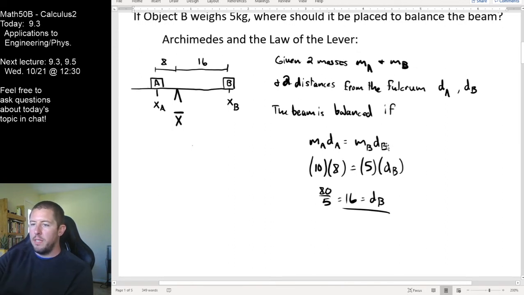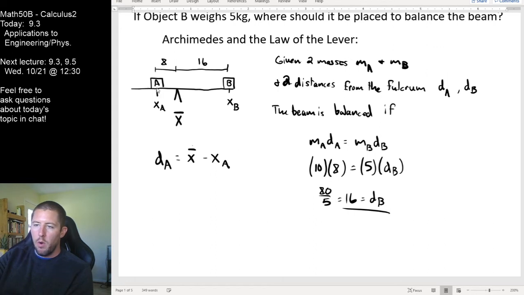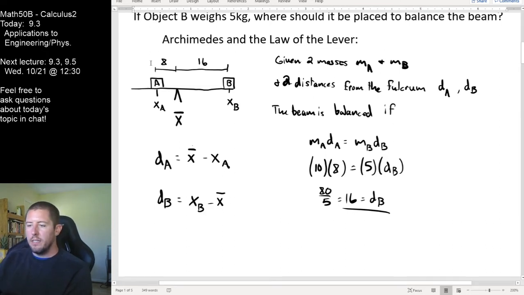My distance away that A is, the way that we got that was by doing x bar minus xA, right? The upper bound minus the lower bound gave us the overall distance. My distance associated with point B, again, is the upper bound minus the lower bound. Notice it's in the opposite order here. xB is the upper bound, minus x bar is the lower bound. So we've got those two distances right there.